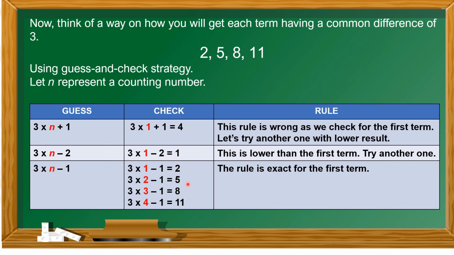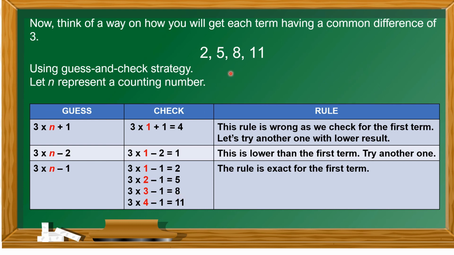Now let's proceed. If we multiply the counting number 2 by 3, 3 times 2, that is 6, minus 1, the answer is 5. So it is also the same as the second term in the sequence, which is 5. Another, we have 3 times 3 is 9, minus 1 equals 8.